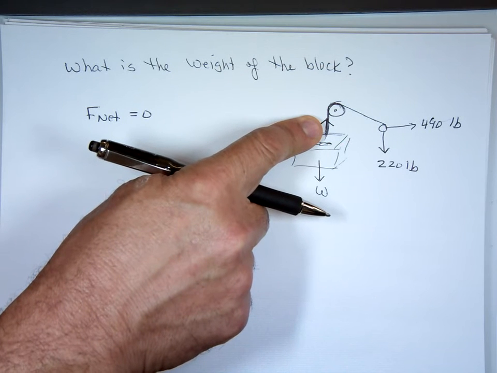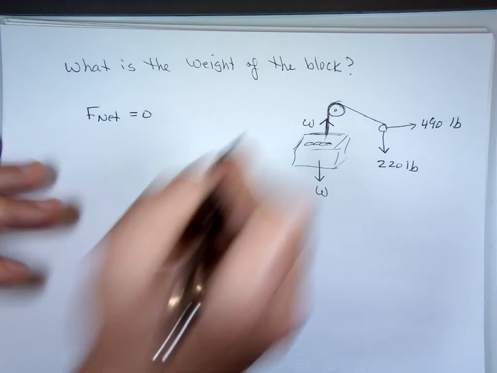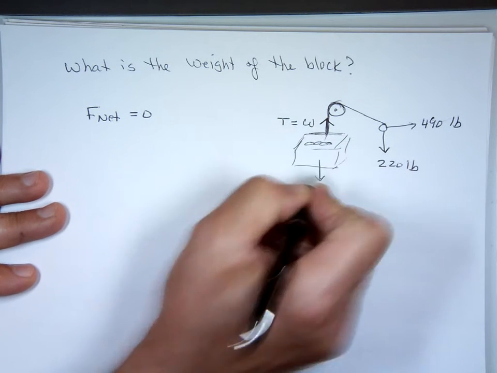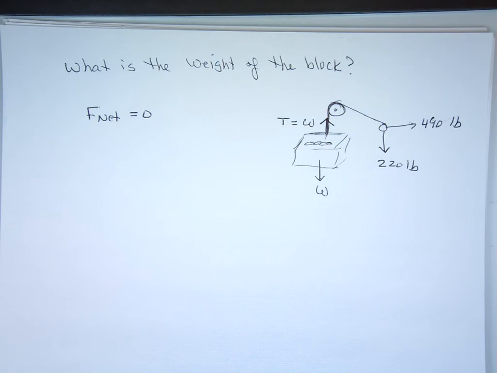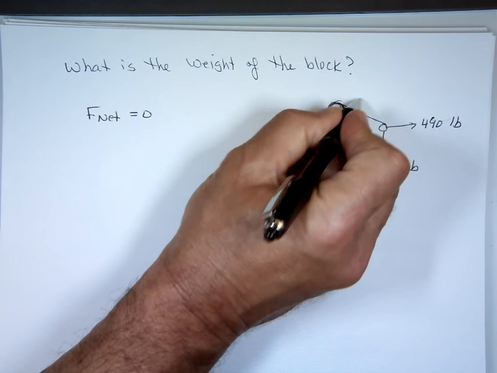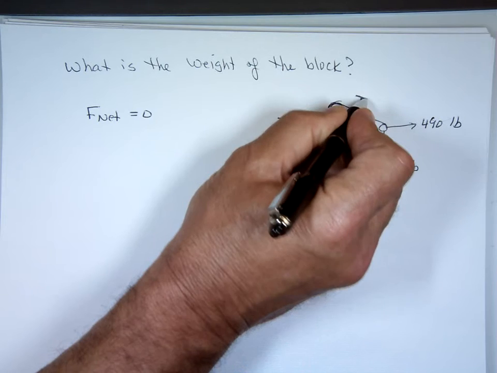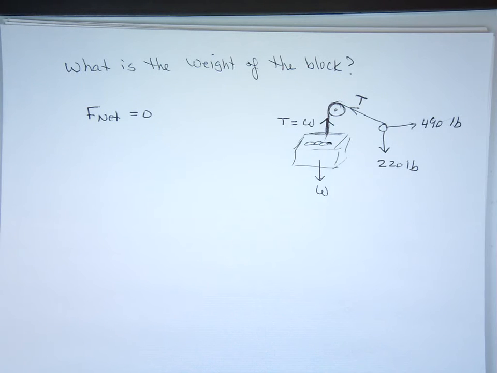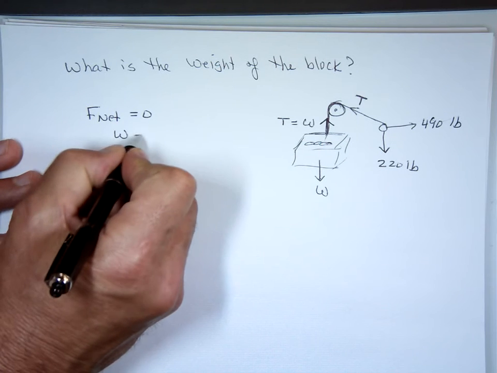So the tension here has to equal the weight if it's not moving. This tension is the same tension as that, the same cable. So the weight equals the tension in the cable.